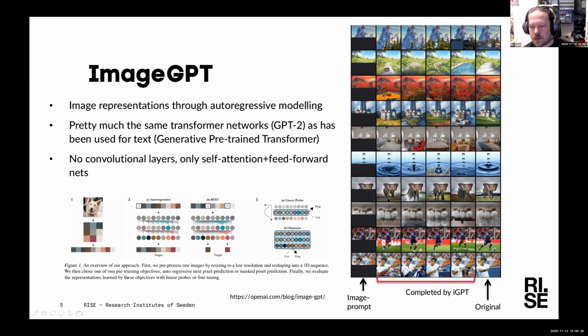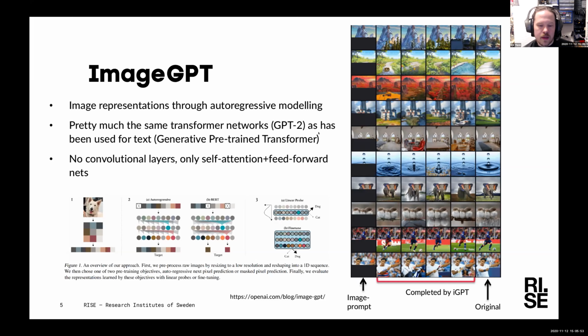In the columns in between, we see different generations by this model. The kind of contextual knowledge it learns from just looking at pixels is amazing, I think, the way it can actually fill in these architectural landscapes, for example. That's one example of how we're starting to see transformers being used in the very common domain of images in deep learning.